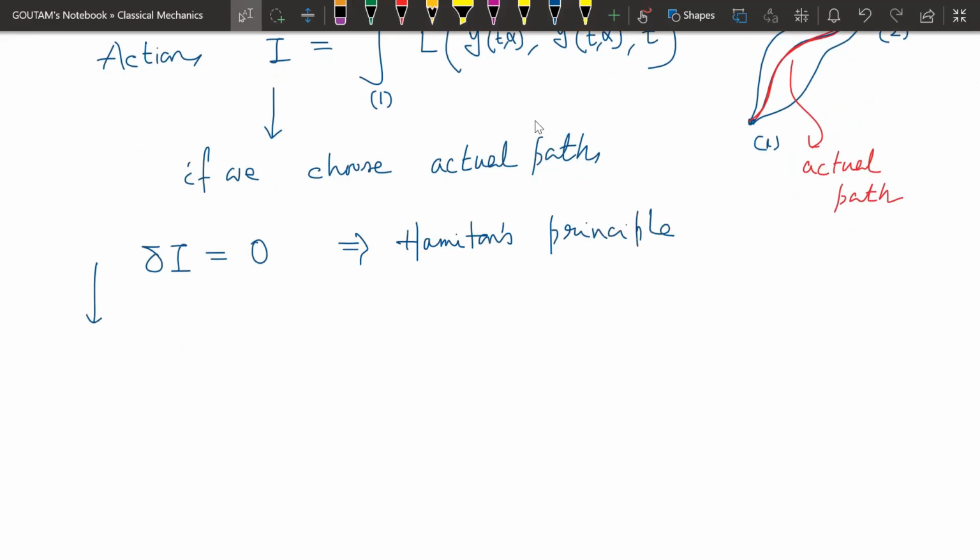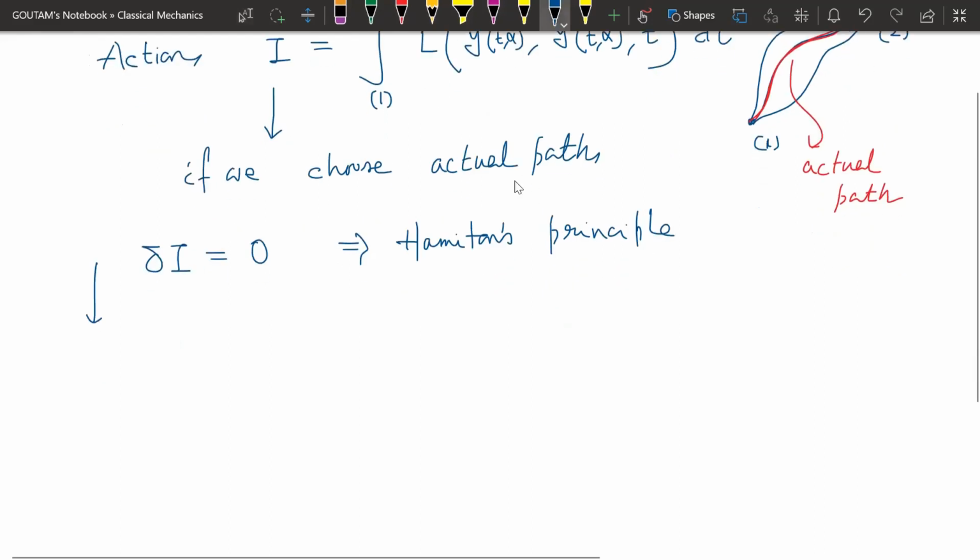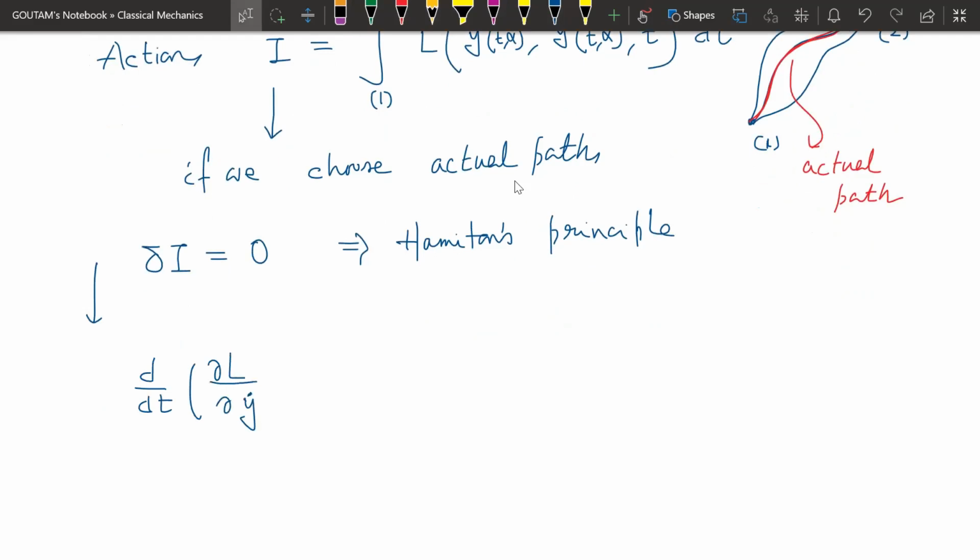And if Hamilton's principle is satisfied, then this Lagrangian should follow an equation which is d/dt of del L by del y dot, minus del L by del y, equals 0.